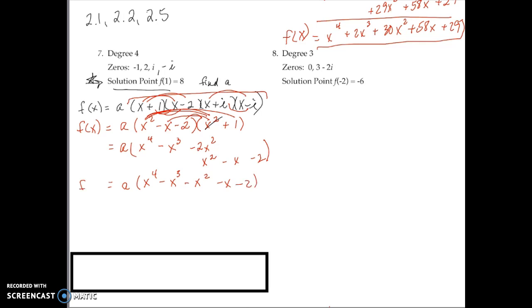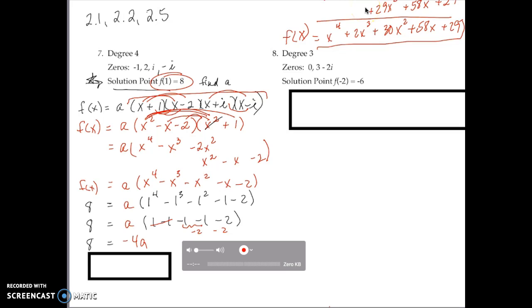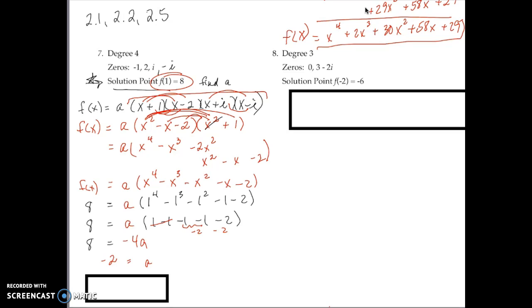And now we're ready to use that solution point to find and solve for a. I want you to pause the screencast and do this portion on your own. So from here, you should have a is equal to negative 2.